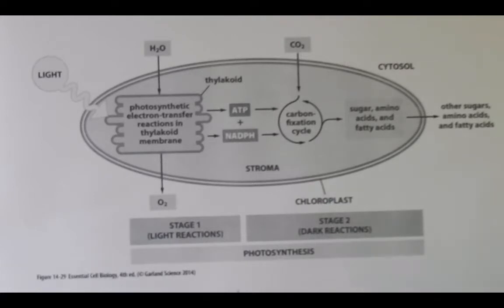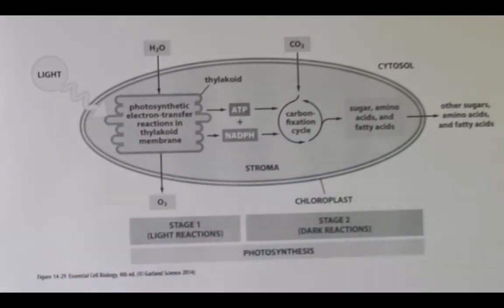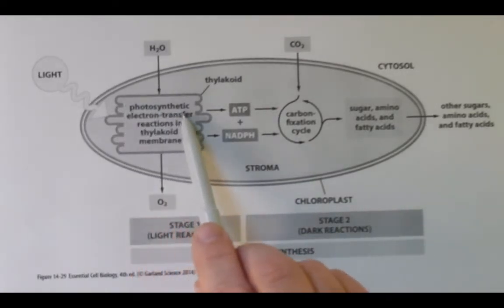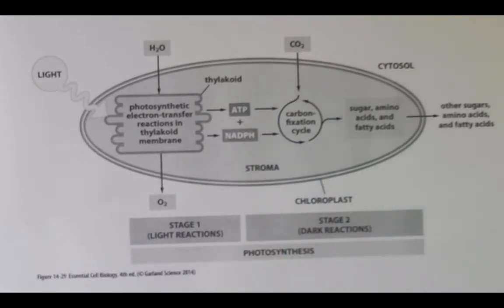Photosynthesis can be broken up into these two stages, stage 1 and stage 2. In stage 1, we have light and water entering into the system. We'll talk in a moment how it will take electrons and transfer them along the way to produce ATP and NADPH, producing oxygen.